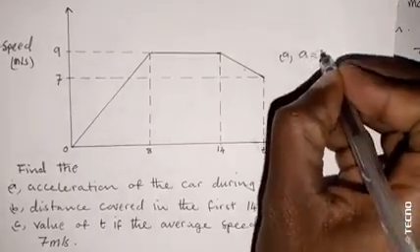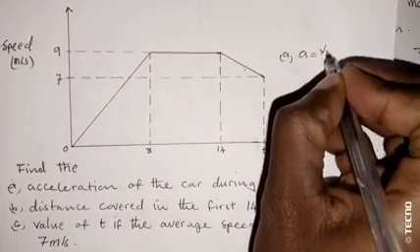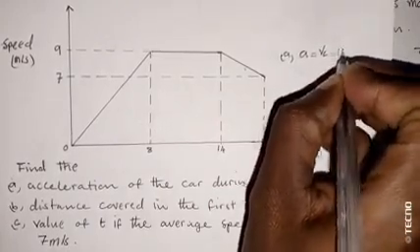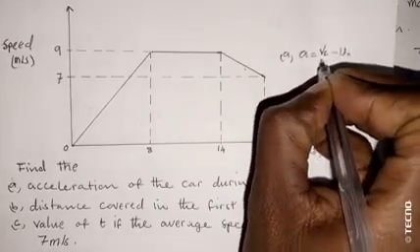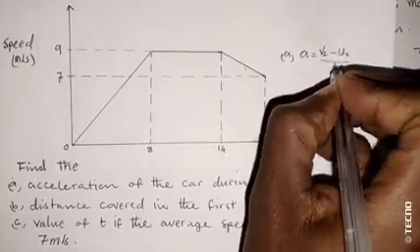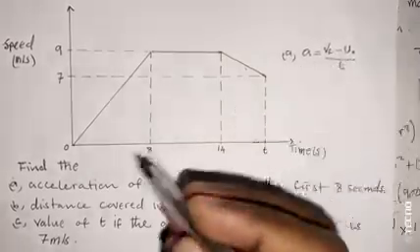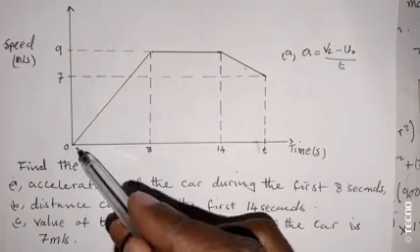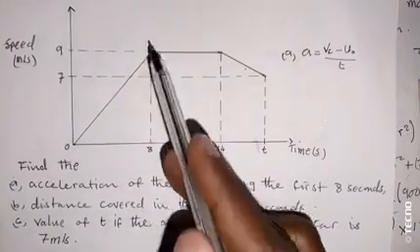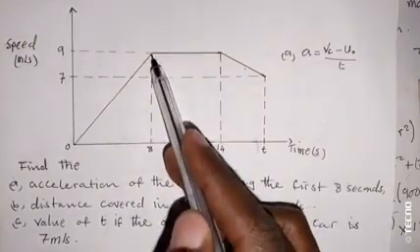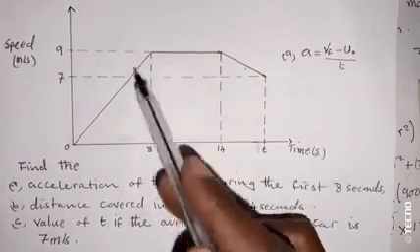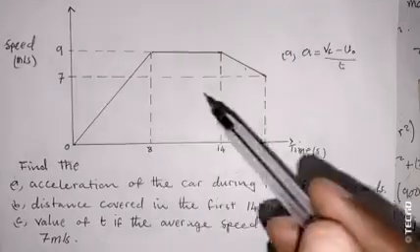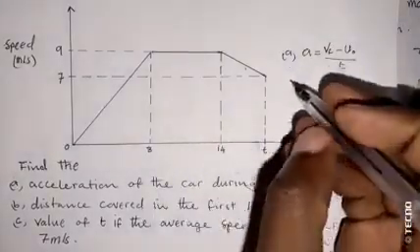a is equal to final velocity minus initial velocity over time taken. So here the first 8 seconds is from here up to this side. This is our v, which is the final, and the initial here is 0, and the time we see is 8.